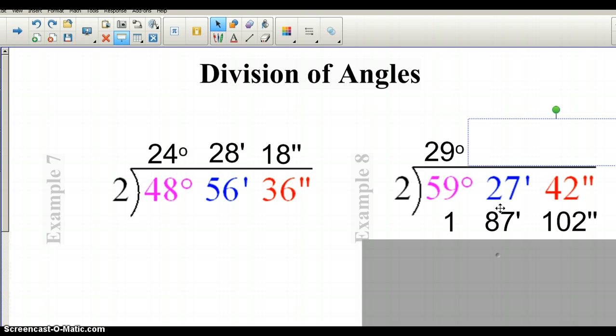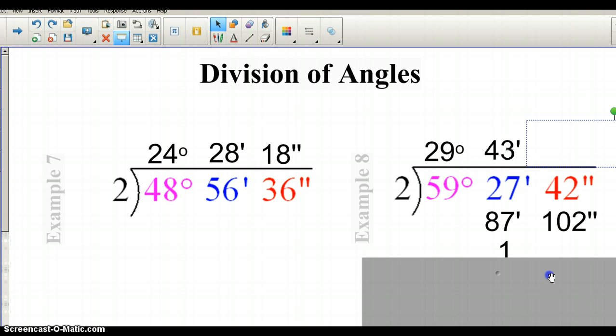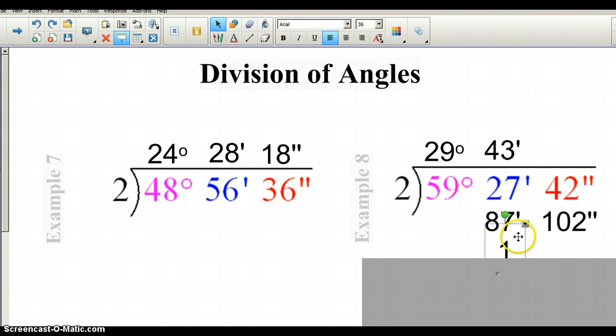So instead of 27, it's 87 because it took the 1. So I'm going to delete the 1. So now that this is 87, 2 goes into 87 how many times? 43 times. But when I multiply 43 times this, it's still only 86. And that leaves me 1 minute.